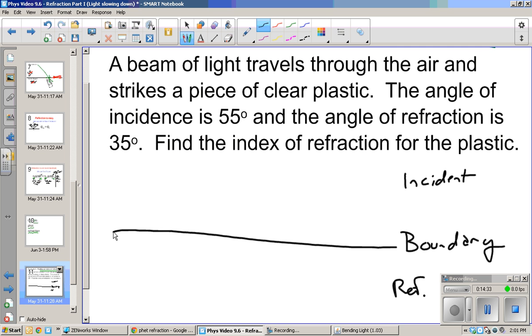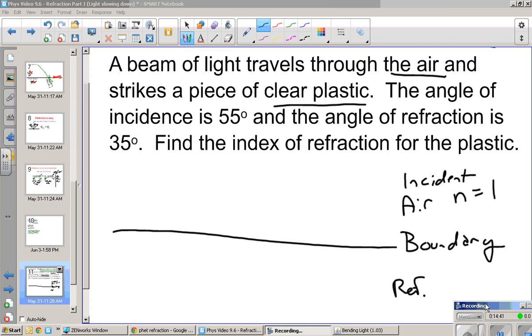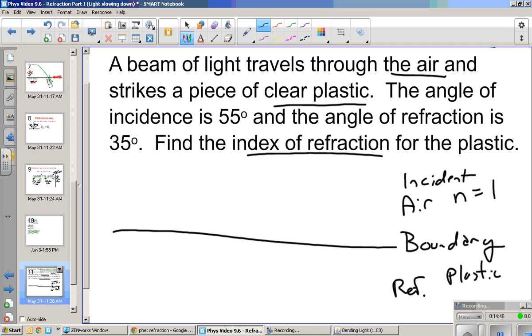In this example, we're going through air and into plastic. So this is air. I know N for air is 1. And then we're refracting into plastic, and we're trying to find the index of refraction for plastic. So N equals question mark.